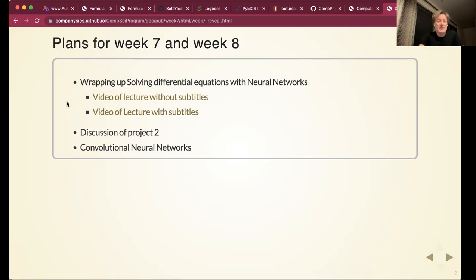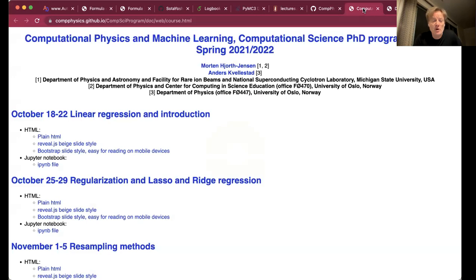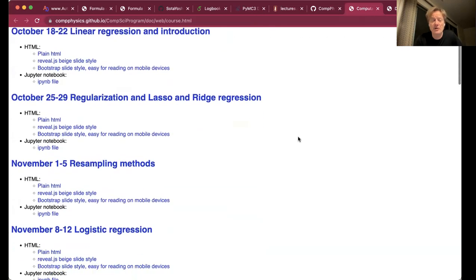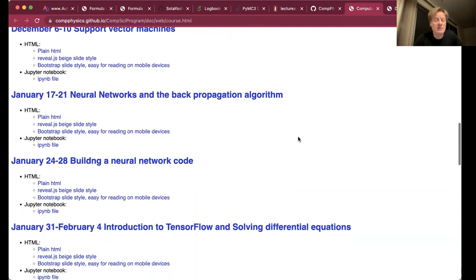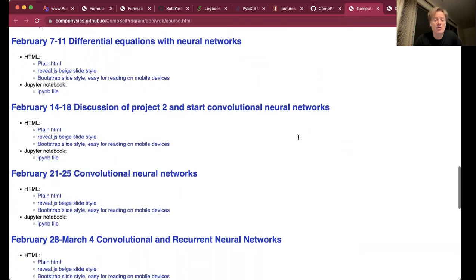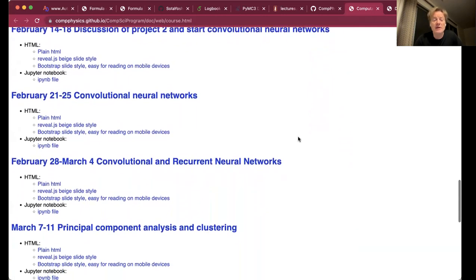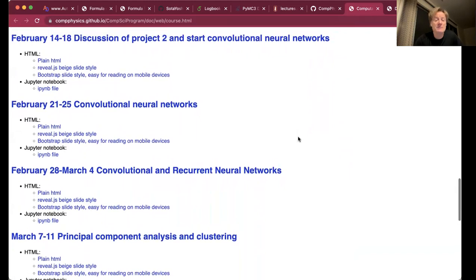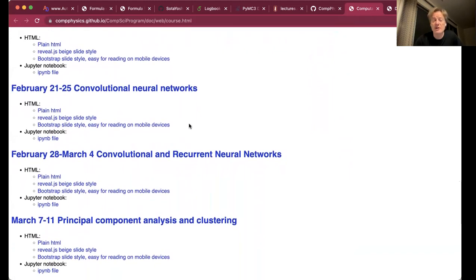Now, one of the things which I also wanted to quickly present to you before we move on is a brief discussion of project number 2. So if you go back to the basic link where we have the teaching material, you can see now roughly what are the plans for the time to come before we meet physically on March the 7th, which is both a discussion on further deep learning methods.